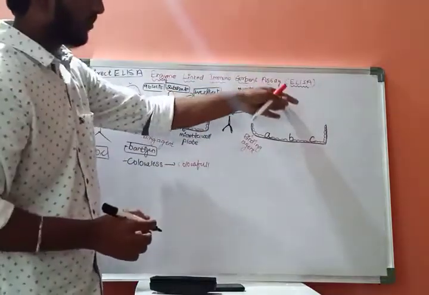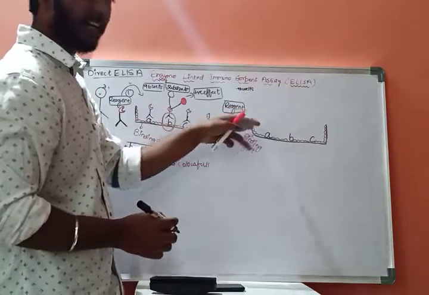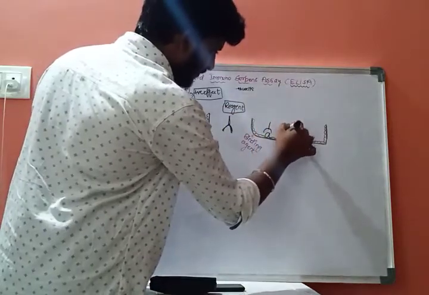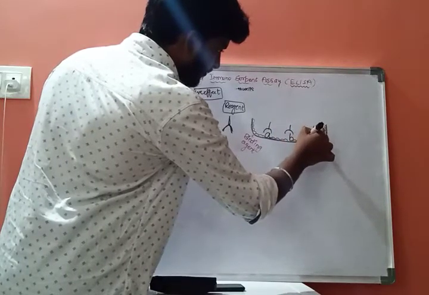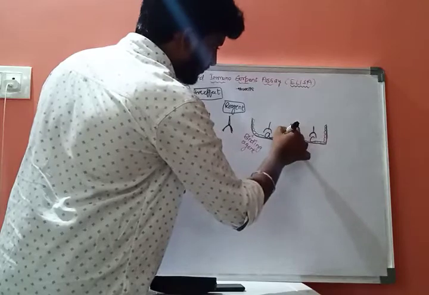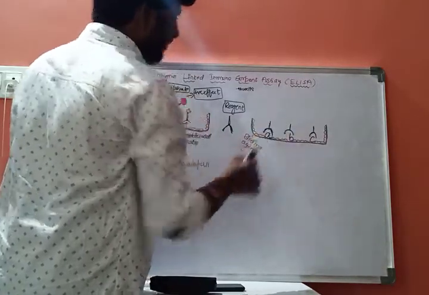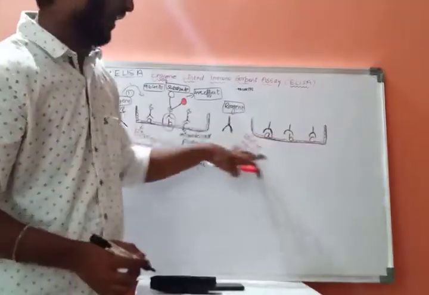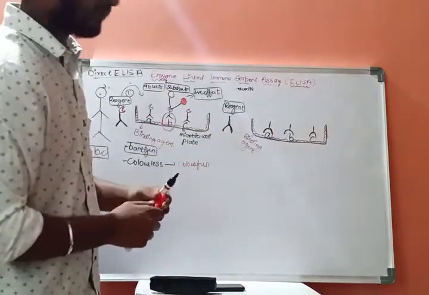When this reagent is poured into the microtiter well plate, the B type of antibodies will get attached to these antigens.